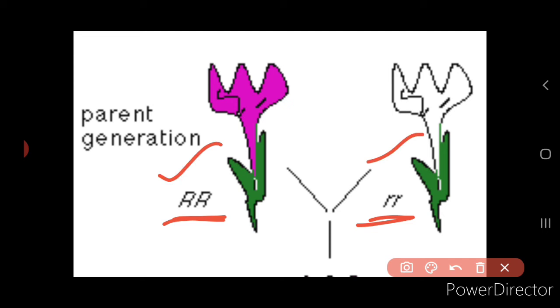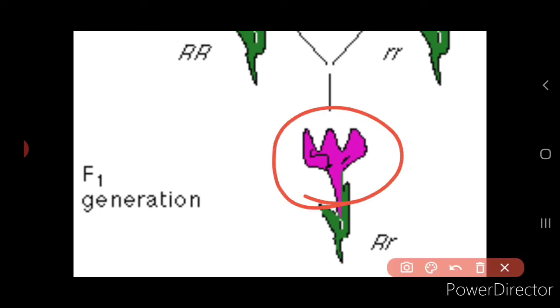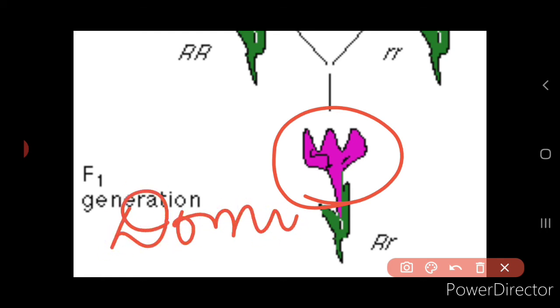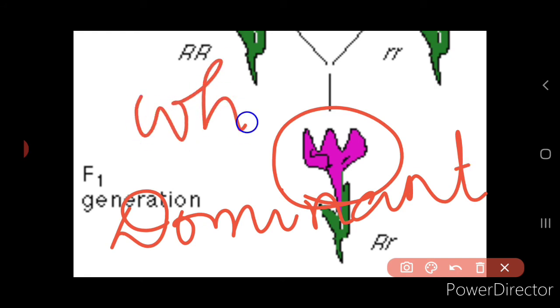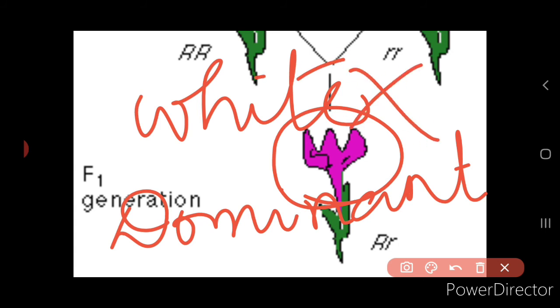The purple and the white flower, right? When this one set of contrasting characters is crossed, the one which appears in the first generation, here the purple, appears in the first generation, isn't it? So this will be the dominant character. And the one which does not appear, here the white does not appear, isn't it? So this will be the recessive character, right?